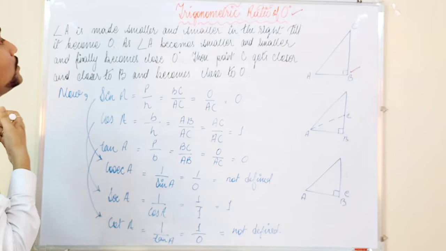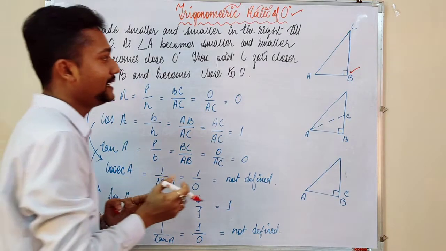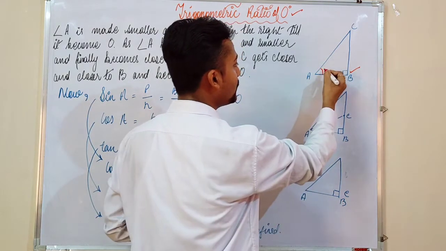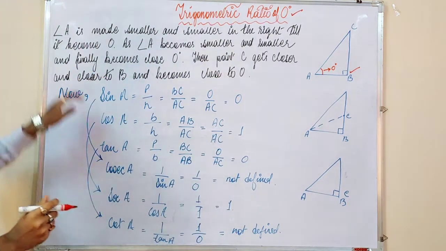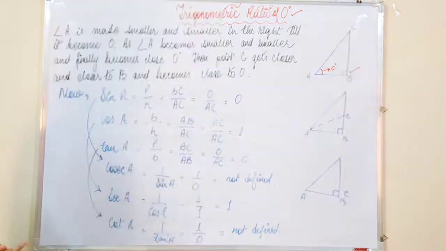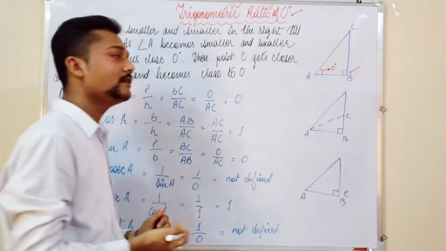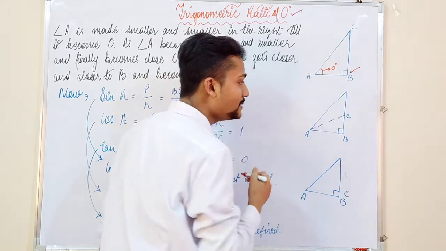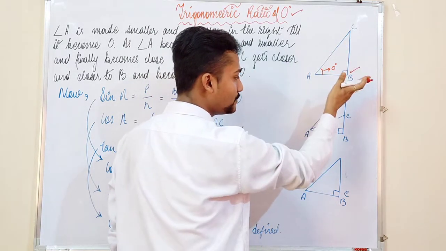Now, if you see the triangle ABC, this angle is of some measurement, isn't it? But I want to take it to be 0 degree. So what will I do? Angle A is made smaller and smaller till it becomes 0. That means this particular arm I am going to make smaller and smaller.